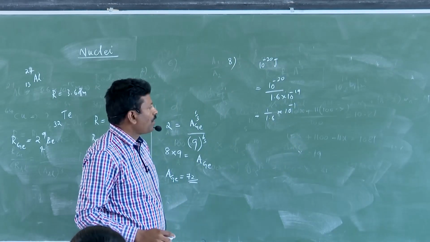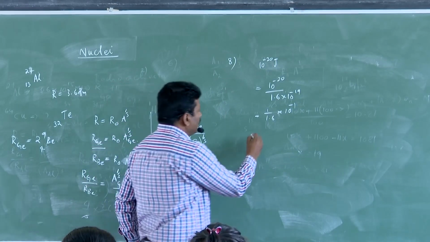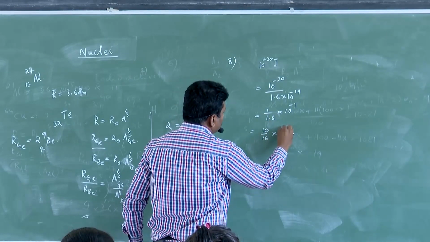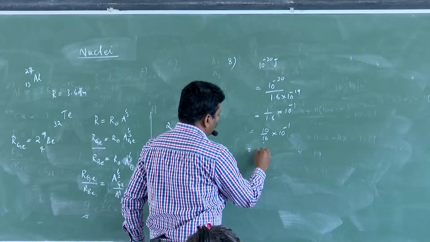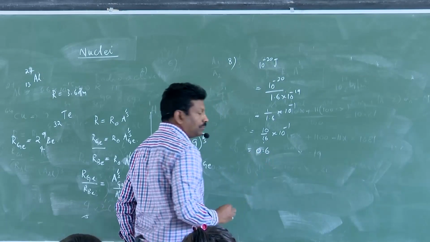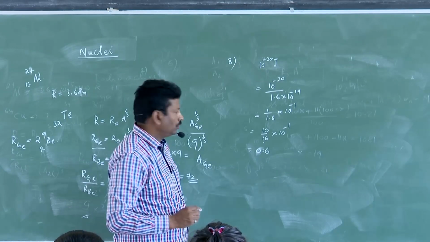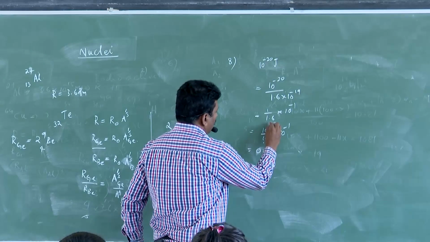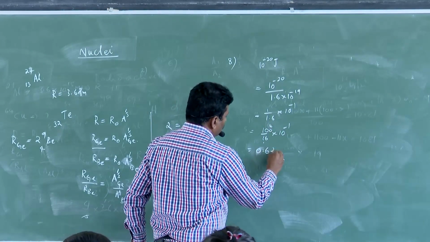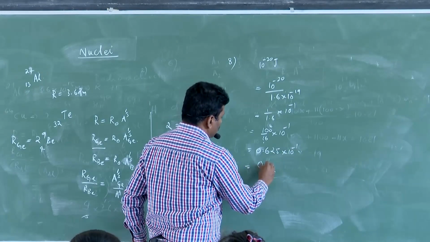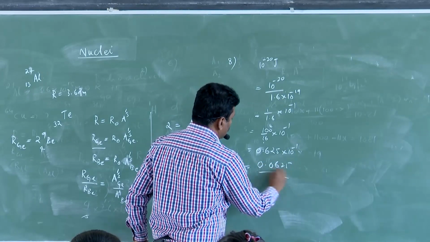This can be written as 10 by 16. I am just doing the simplification. So it is 0.0625 electron volt.